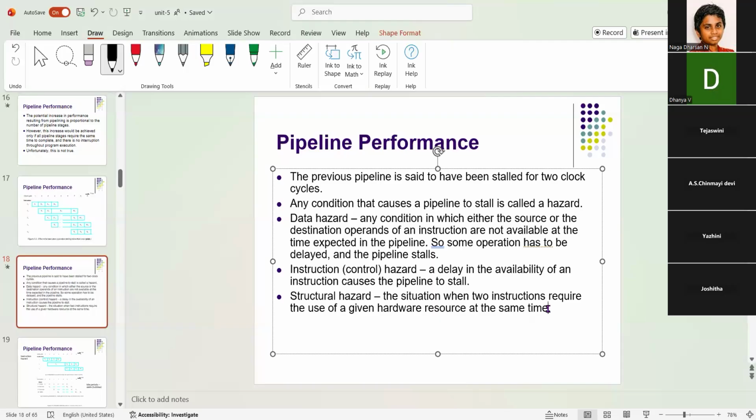That is a type of structural hazard. Two different instructions, fetch and write, are happening at the same time, but they are trying to access the same hardware, that is the memory. In that case there will be a structural hazard. Nowadays there are multi-port memories, so this is not really a problem. This is just an example of what a structural hazard is, but it's not a real-time problem nowadays.